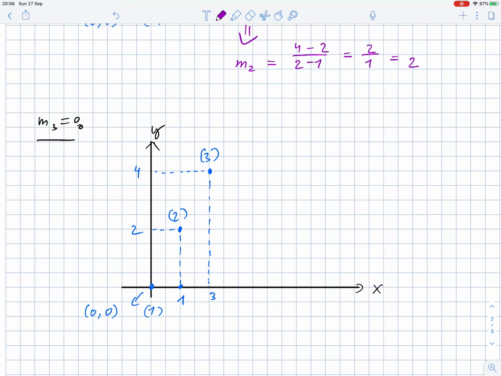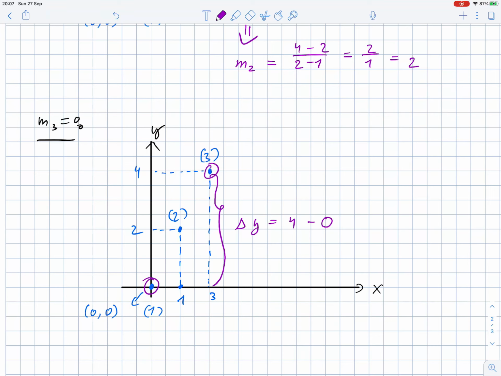This will be the first coordinate and this will be the second coordinate. To calculate delta y, we take the second y, which is 4 minus 0.